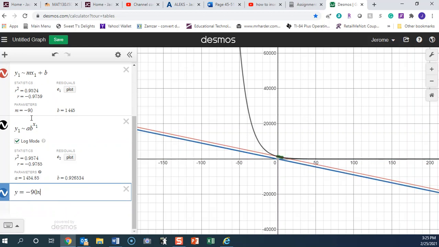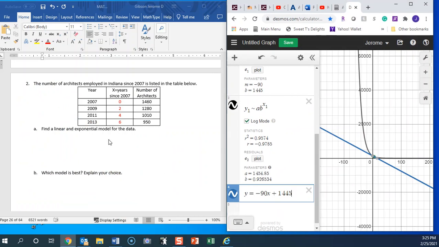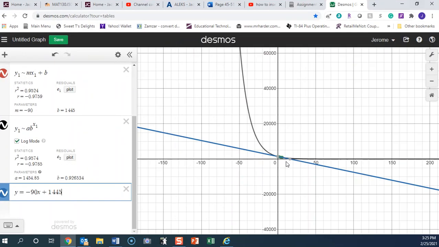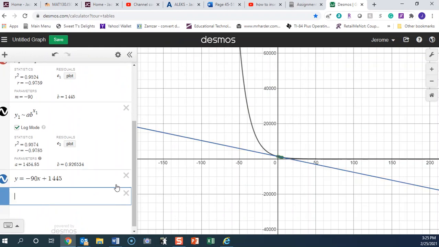So it'd be negative 90x plus the b is 1,445. Now, one thing I didn't see, it didn't say how many places to round. So we're going to assume that it'd be 2 decimal places like we did in the last problem. So now this is the linear.